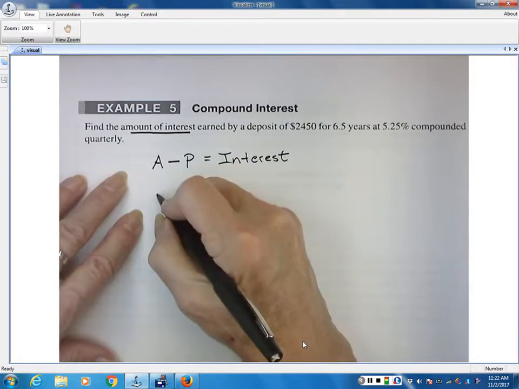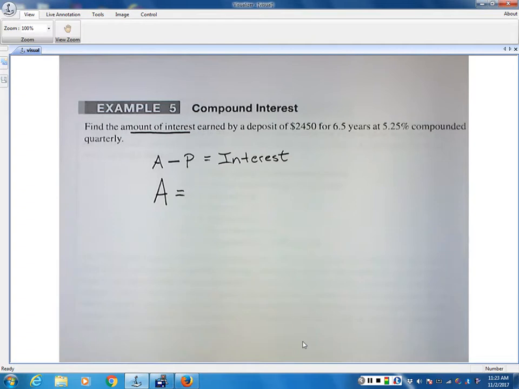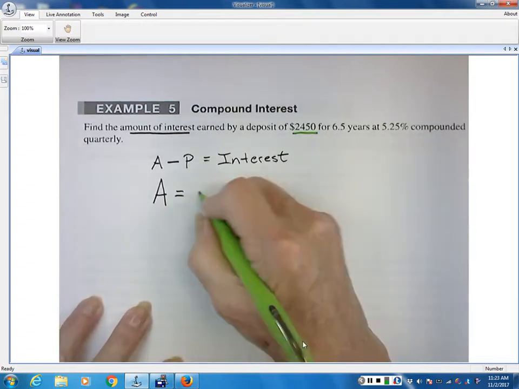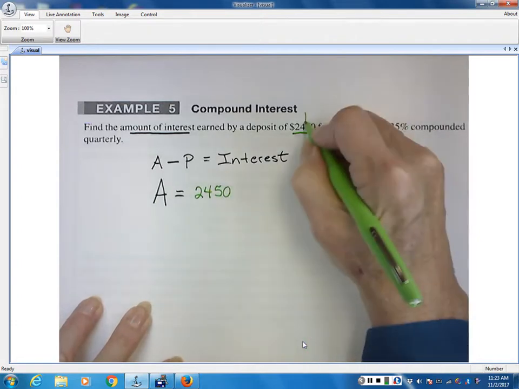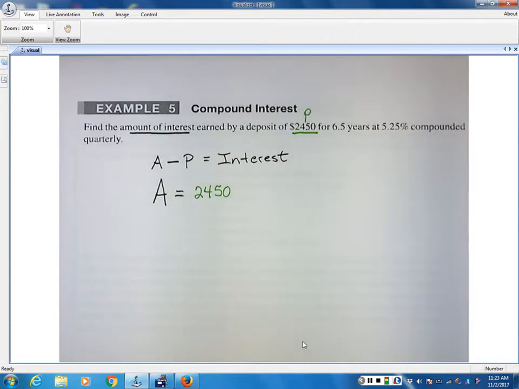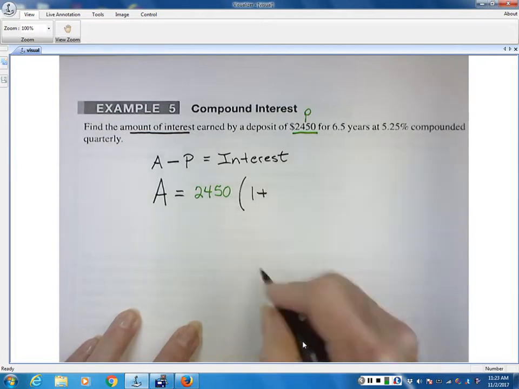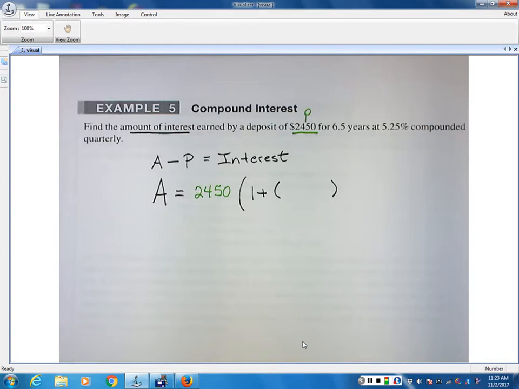So our future value, A, is equal to the present value, $2,450, times 1 plus, and now we need to calculate what is actually called the periodic interest rate. The periodic interest rate comes from two things.